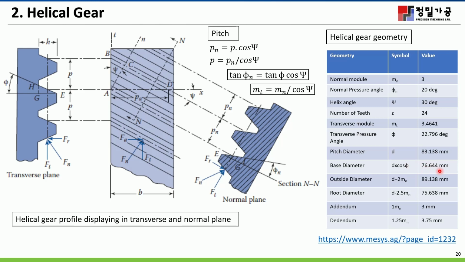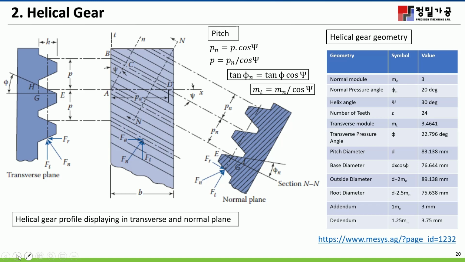Then the outside diameter is the pitch diameter plus 2 modules, and the root diameter is the pitch diameter minus 2.5 modules. We also know the addendum and dedendum are about 3 and 3.75 millimeters. Based on this geometry, we want to make the helical gear properly.